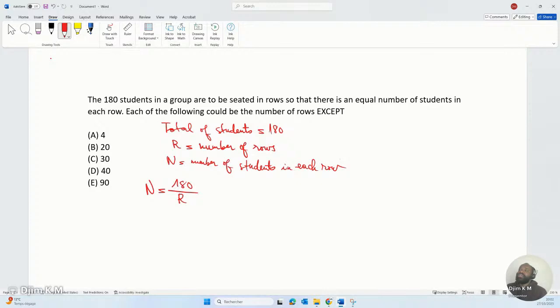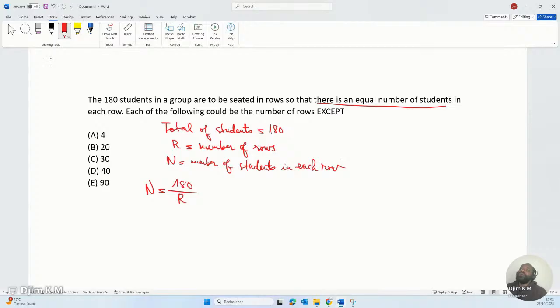Okay, this is the number of students in each row. So r here is the number of rows. And also because it has said that there is an equal number of students in each row, this formula will be okay to find the number of students in each row. In the answer choices, we have the possible number of rows.